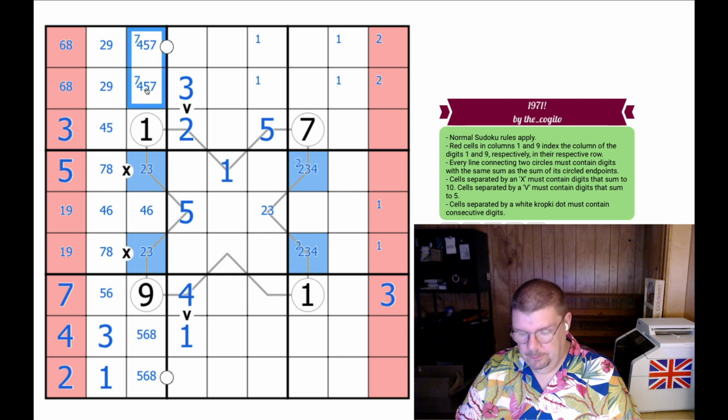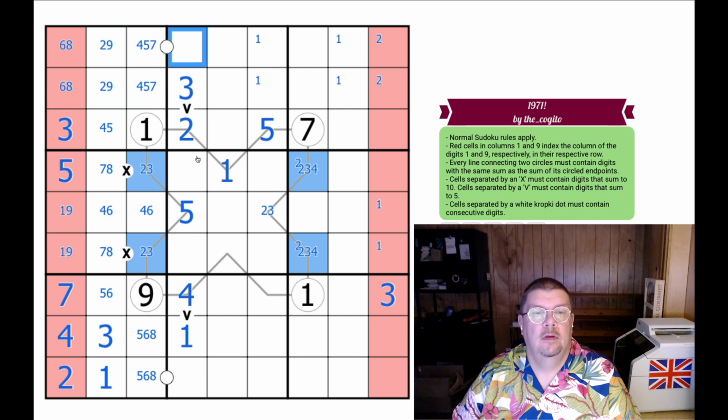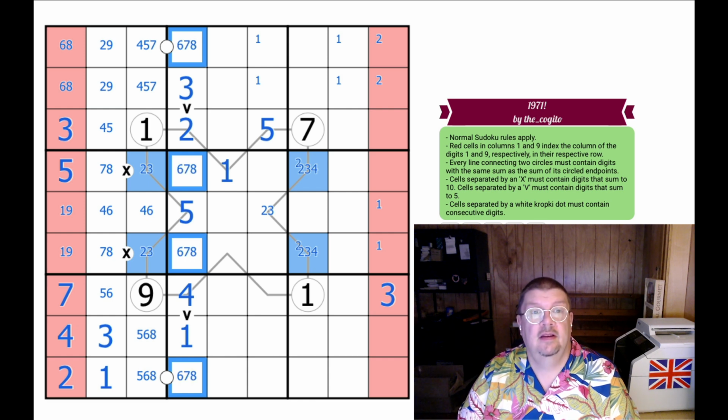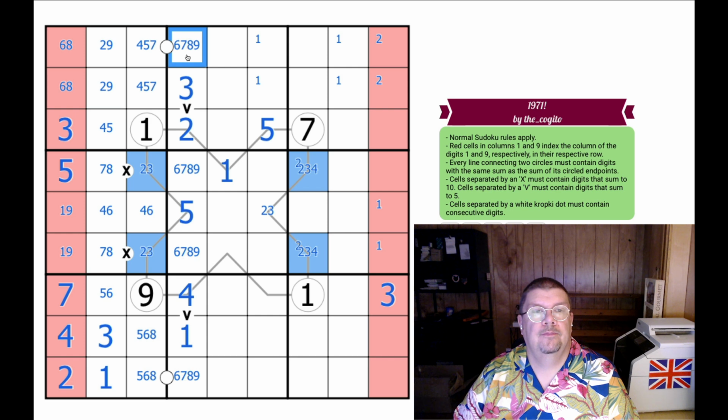Okay. These are from 6, 7, 8, and 9, because that's the only digits left in the column. Okay, that can't be a 9 because that can't be an 8.